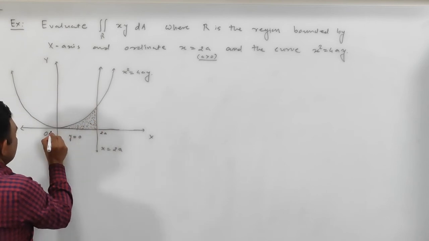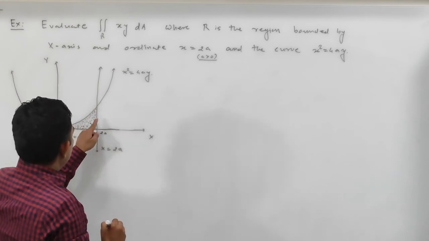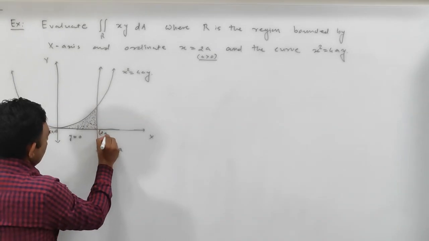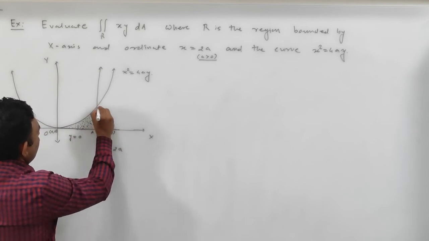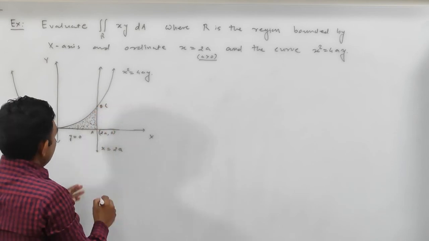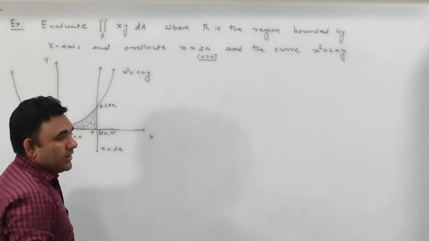So let me say this is O, the 0, 0 coordinates. Now this point is 2a, so the coordinates of this point will be 2a, 0. Let me call it A, and let me say the point of intersection of these two curves is B. Obviously its x coordinate will be 2a. Then what will be the y coordinate?